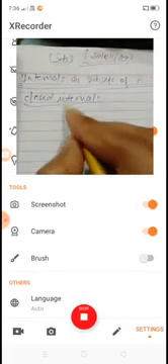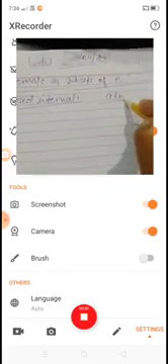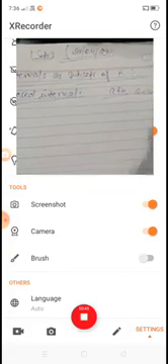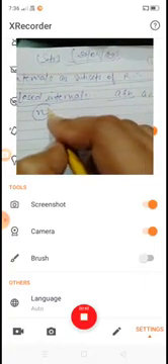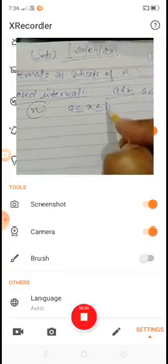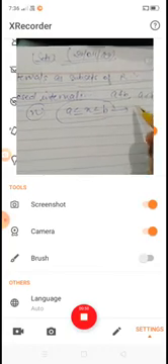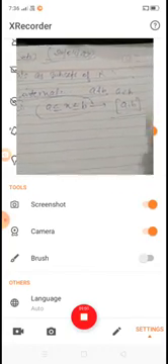In a closed interval, let a and b be two given real numbers such that a is less than b. Then the set of all real numbers x such that a is less than or equal to x, less than or equal to b, is called a closed interval, and it is denoted by a square bracket.